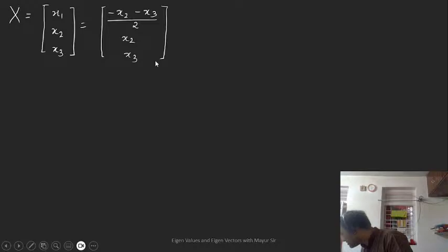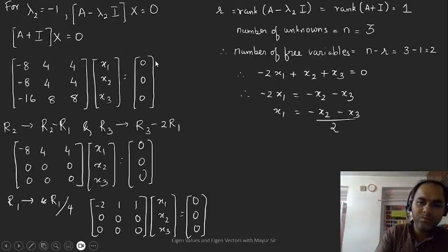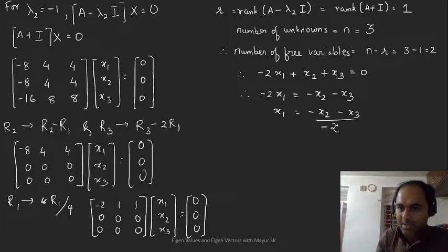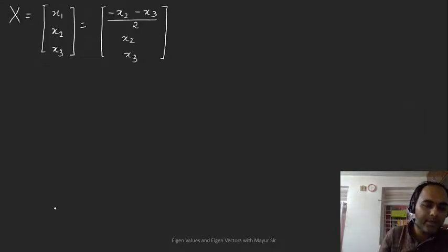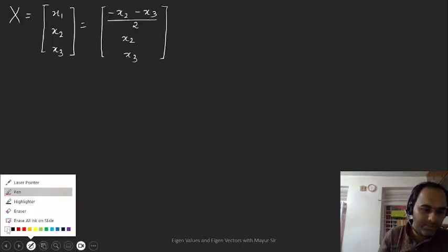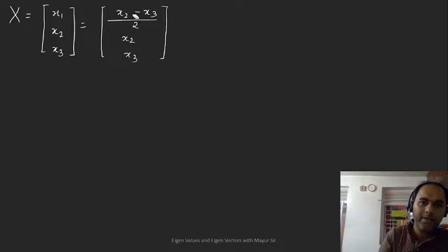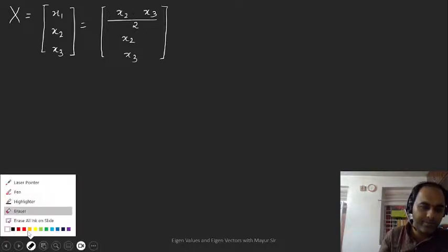Minus 2, yes, correct, minus 2. So this will become x2 plus x3 upon 2. Yeah, correct, so then this will be plus. Thank you so much.